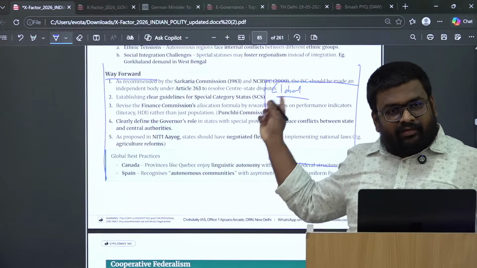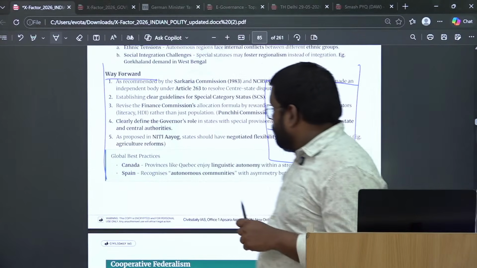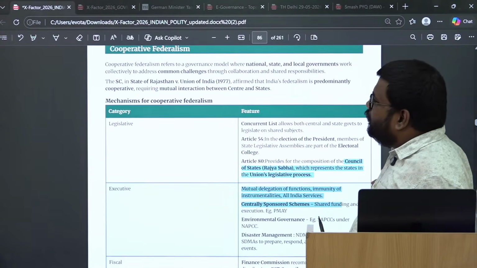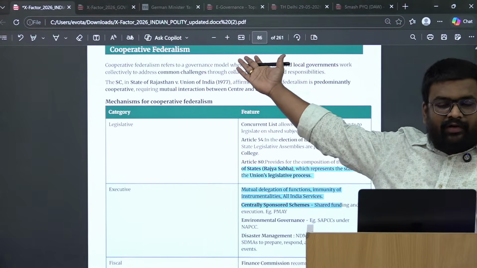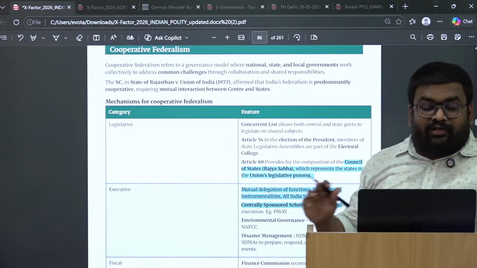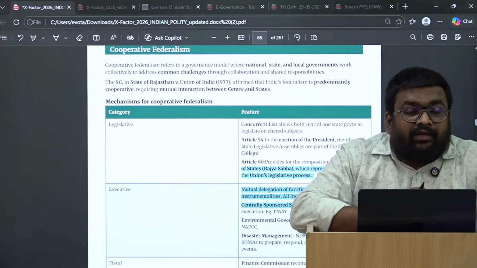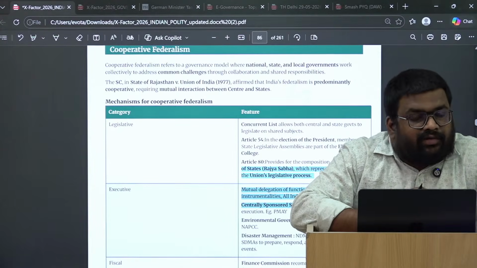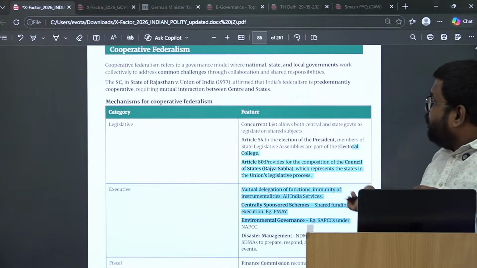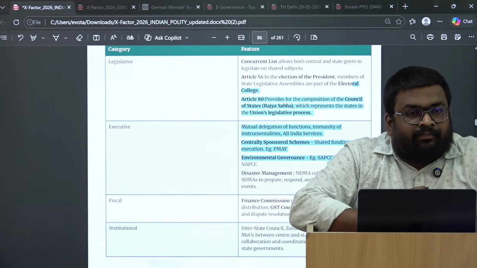Okay, so that's second. Now the next part is again all the aspects we have covered, and that too with proper categorization. So cooperative federalism देखोगे, again rather than simply giving the points. So even if UPSC asks the question, UPSC will ask what constitutional provisions highlight cooperative federalism in India. Okay, so simply you can write the points, concurrent list, article 54, 80, whatever, but that won't fetch you marks.